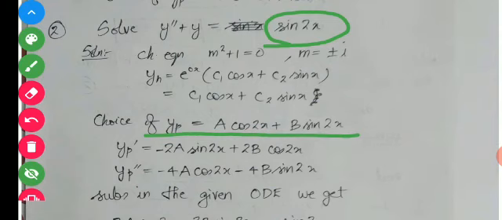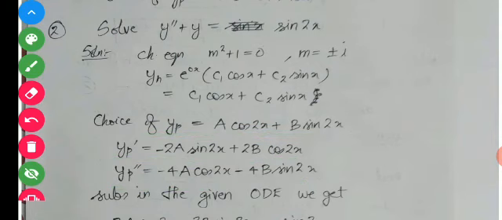Okay. Now, next step is we have to find yp dash and yp double dash. Since your yp is a cos 2x plus b sin 2x, yp dash comes out to be minus 2a sin 2x plus 2b cos 2x, and yp double dash comes out to be minus 4a cos 2x minus 4b sin 2x.